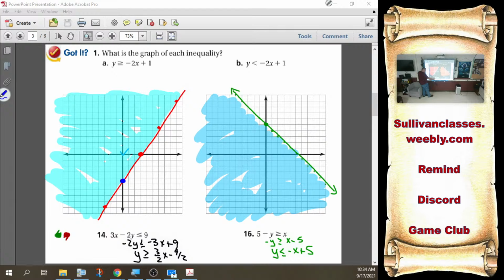I should still be able to follow that slope from here, up 1, 2, 3/2. Up 1, 2, 3/2. Okay? So either way works.